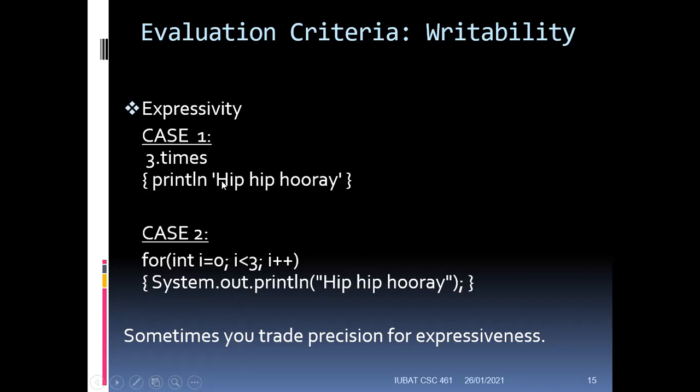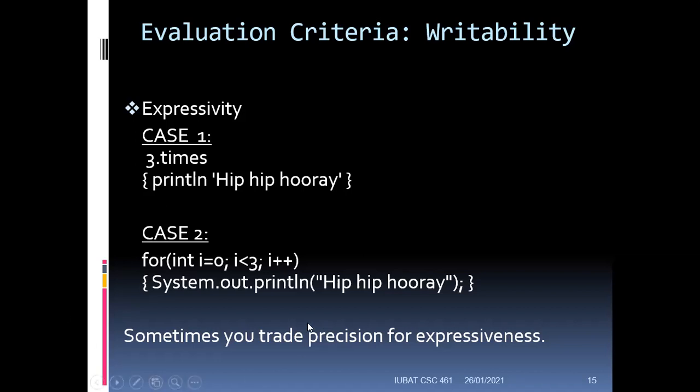So between these two examples, if you look at case two first, you will instantly understand this is a loop printing hip hip hooray 3 times. But the first one will take you some time to understand, and you might not be sure. So the second one is easier to understand, for the compiler as well.